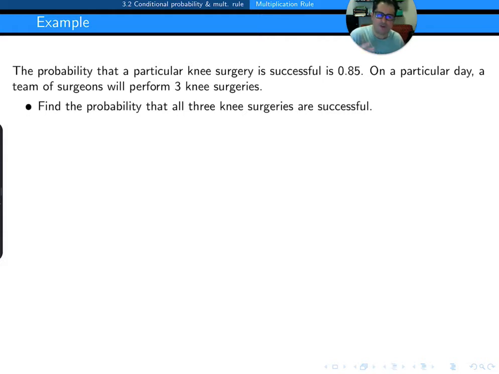So when you do things in a row, one after the other, you can think of it like I did in the past example. So it's going to be 0.85 for the first surgery, 0.85 again, and 0.85 for the third one. So this is going to be 0.85 to the third power.